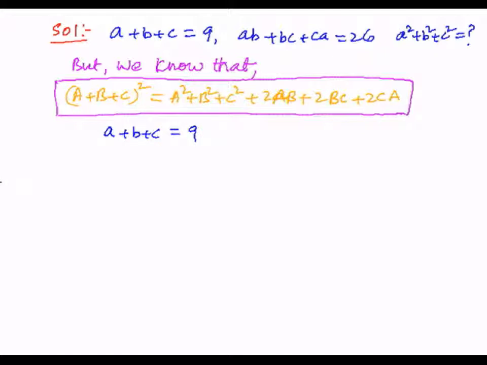In order to get A squares, since here there is only a power 1, I have to square on both sides. Then the next logical step will be that A plus B plus C must be squared and the right hand side 9 also must be squared.